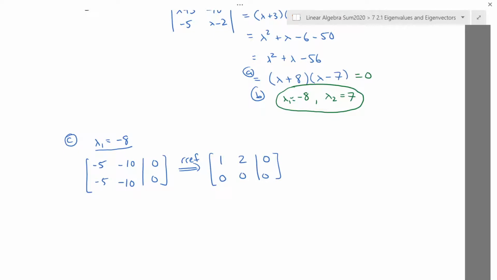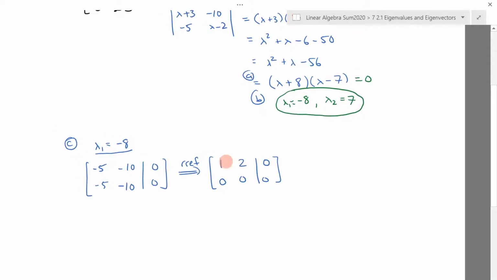Okay, so the leading one is the first entry here, so that means that x2 is free. So we parameterize x2 as t. Then row 1 says that x1 plus 2t is equal to 0, so that means x1 is equal to minus 2t.